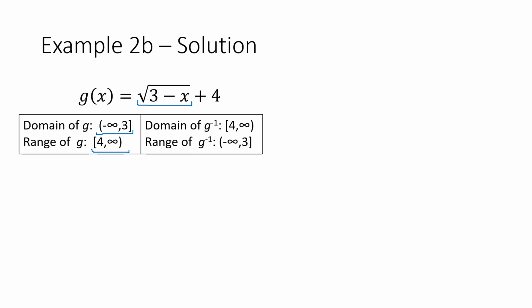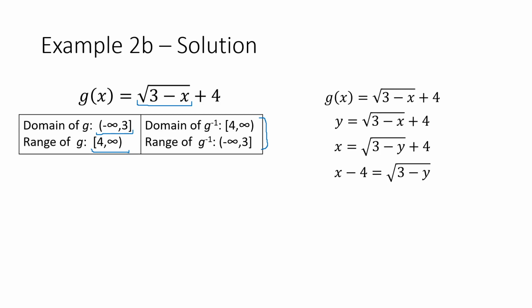Now the easy part is to just flip those to determine the domain and range of the inverse function. Be careful, this is the way you want to do that. When you do it algebraically, you may be eliminating some of these issues, and we'll see that. So to actually find the inverse, let's do it. Write g of x as y.